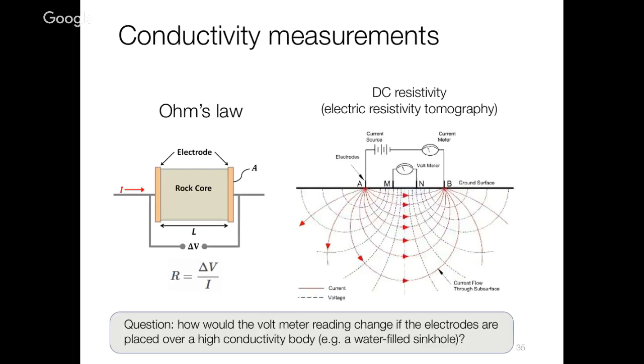Would it be higher or lower if you were over a conductive body?